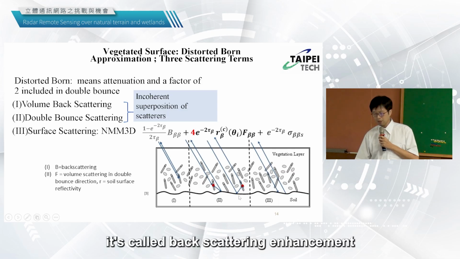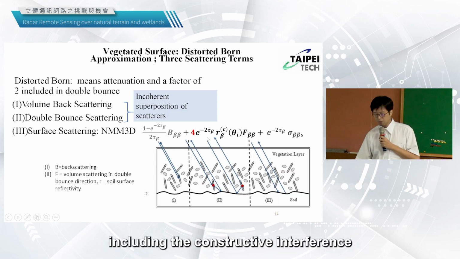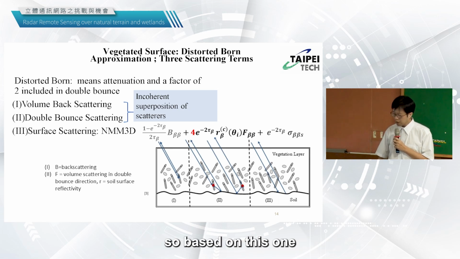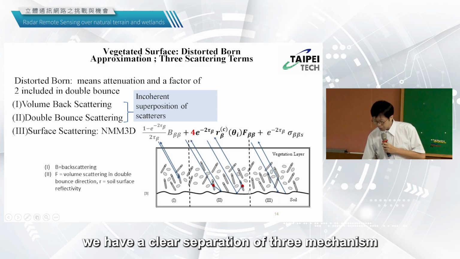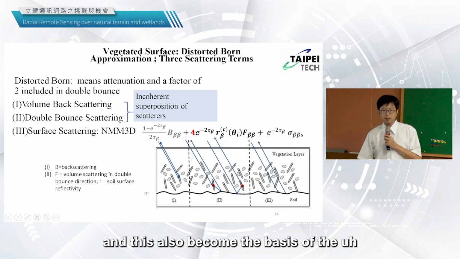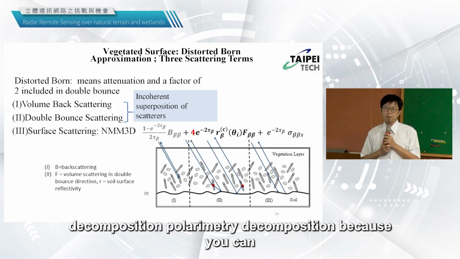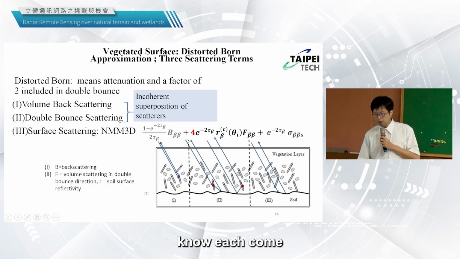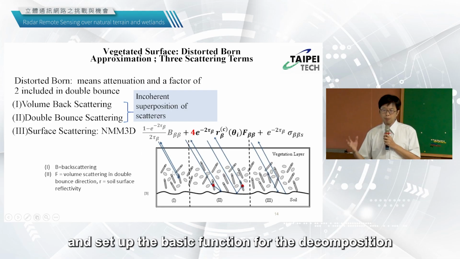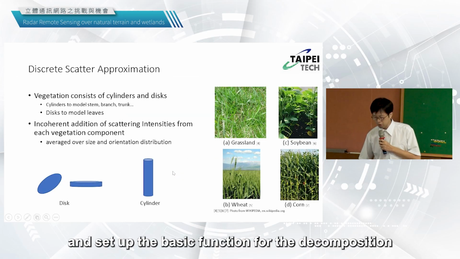It's called the backscattering enhancement, including the constructive interference. So based on this, we have a clear separation of 3 mechanisms. And this also becomes the basis of the polarimetric decomposition, because you can know each contribution and set up the basis function for the decomposition.